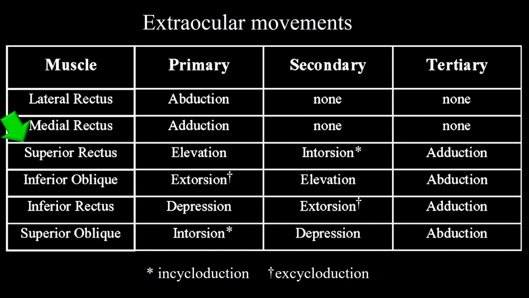The superior rectus elevates, intorts, and adducts the eye. These intorsional and adductional functions of the superior rectus are only clinically significant when the eye is looking up. The inferior rectus depresses, extorts, and adducts the eye. The extorsional and adductional functions are only clinically significant when the eye is looking down.